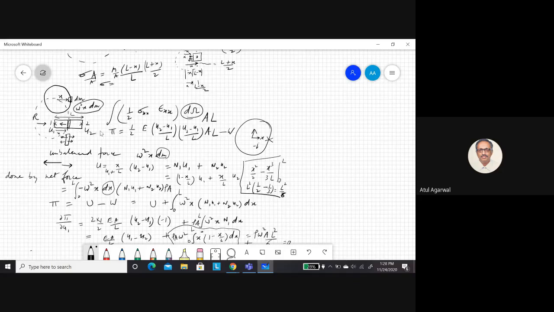This was my total potential energy. Strain energy minus potential of external loads.